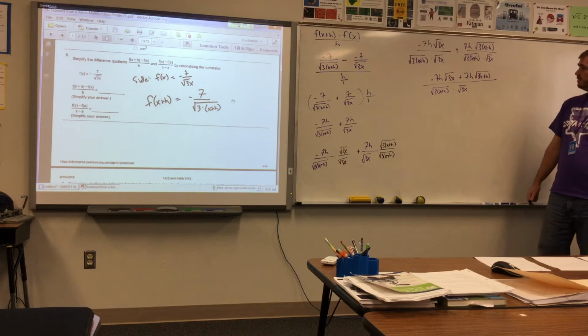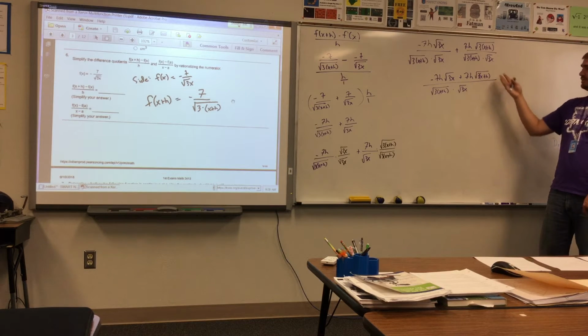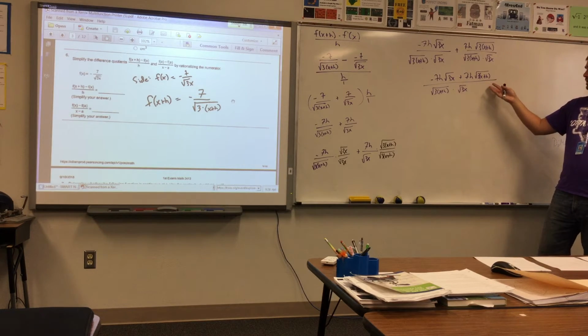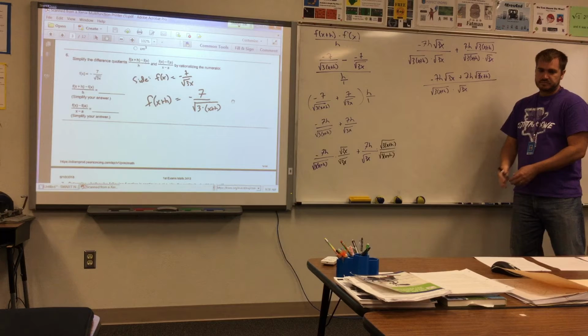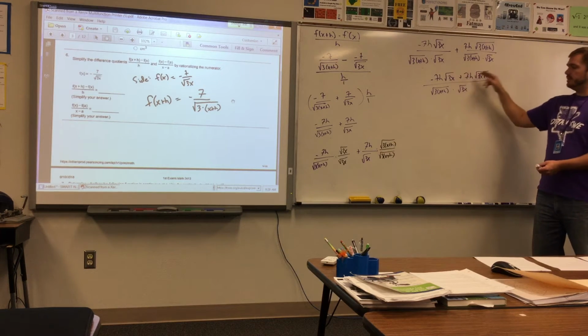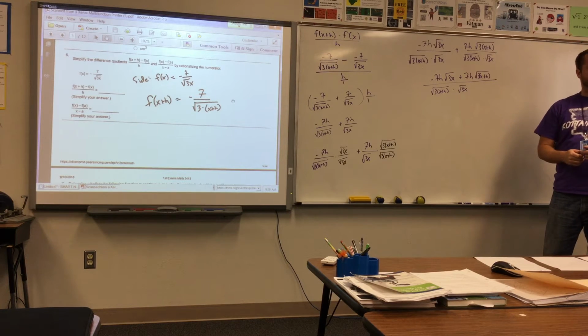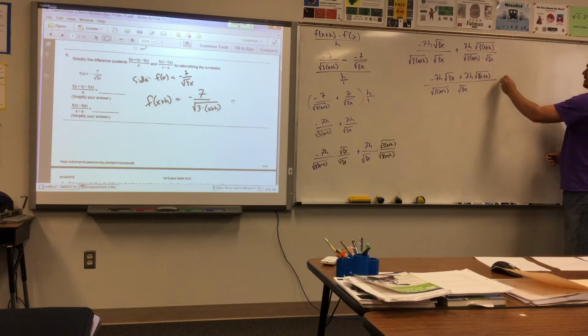Is that the right answer then? We're not done, because we still have not rationalized the numerator. We've just got everything as one nice numerator. So what I think I need to do at this point, to get rid of those square roots, is to multiply by the conjugate. That's the way that you get rid of stuff.